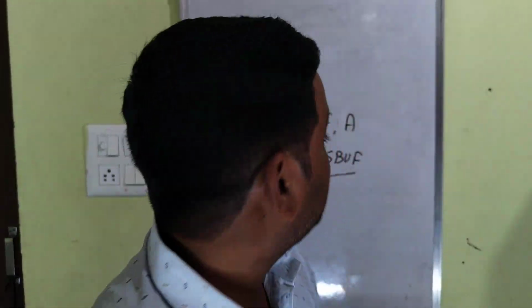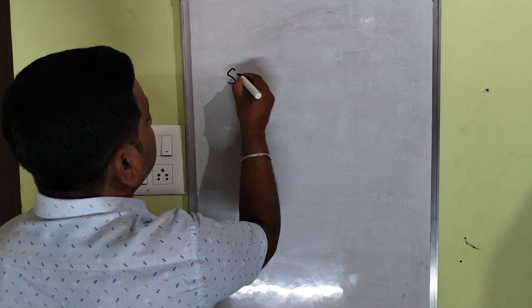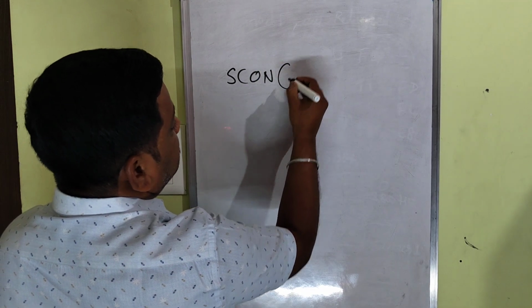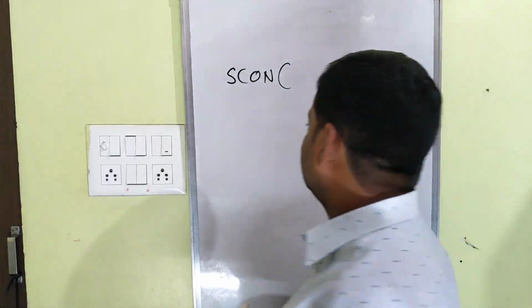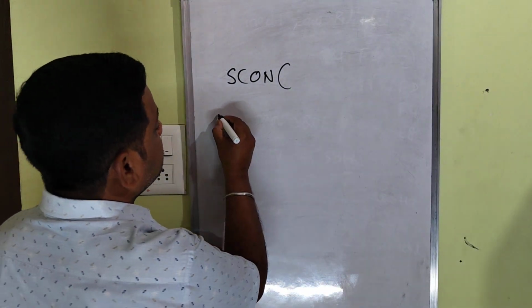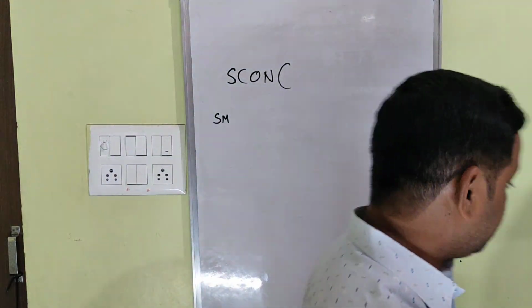Now one more important register to be studied is SCON. This is nothing but serial control. It's a serial control register. Again, this is an 8-bit register, and each bit has its own meaning.